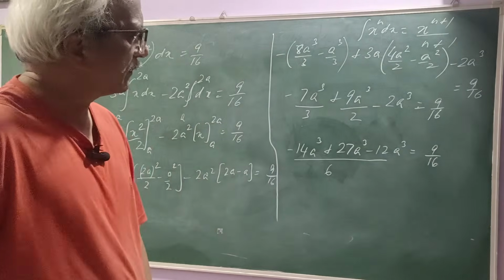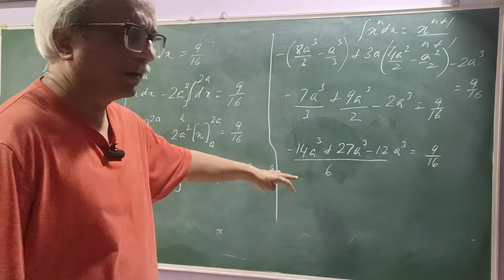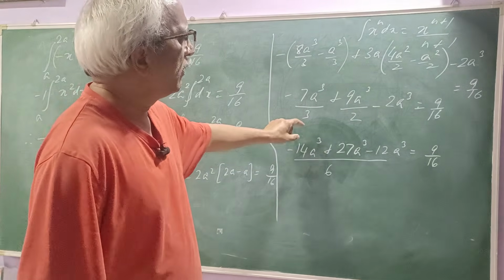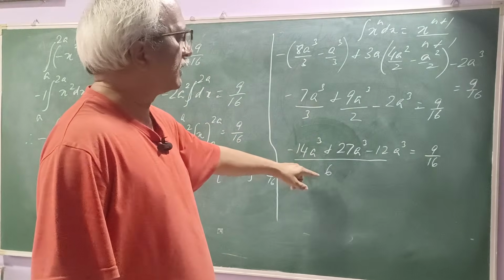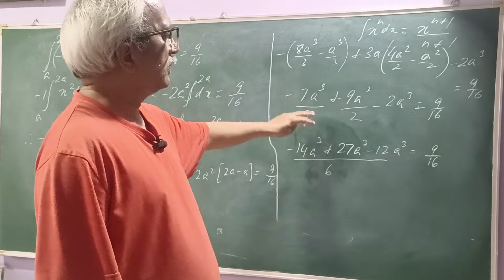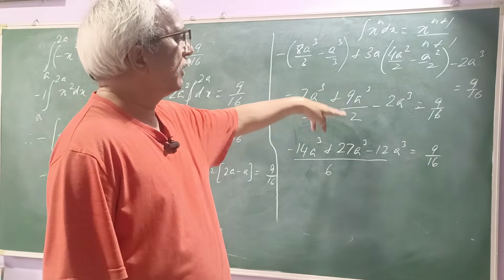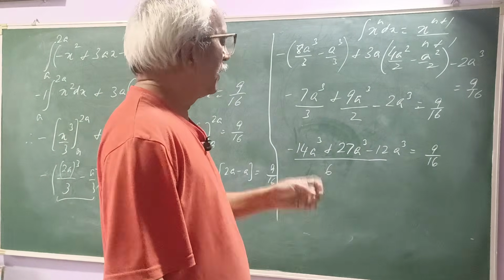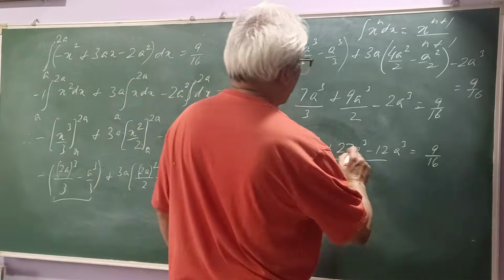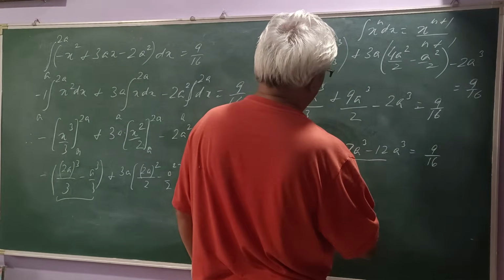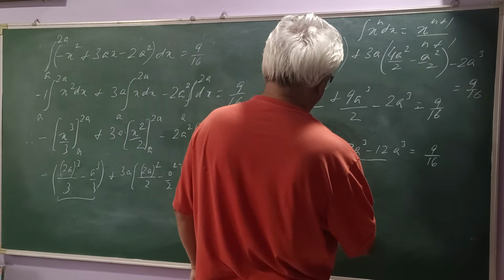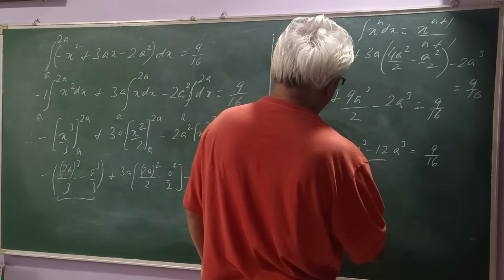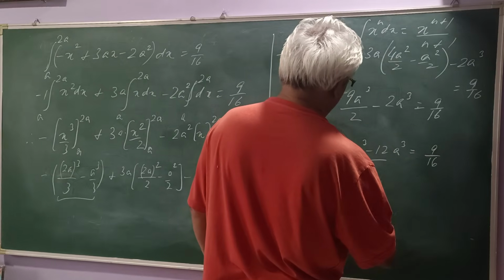Alright? So this is elementary algebra. When I add these fractions, I take LCM. So minus 14a cube plus 27a cube minus 12a cube. Now when I add these up, I get a cube over 6 equals 9 over 16.